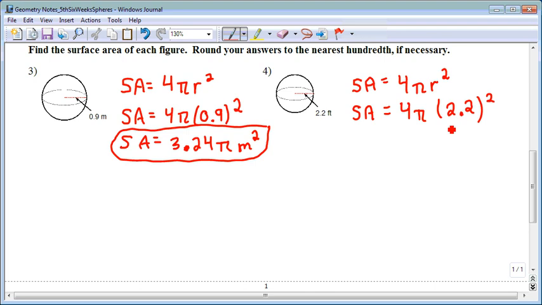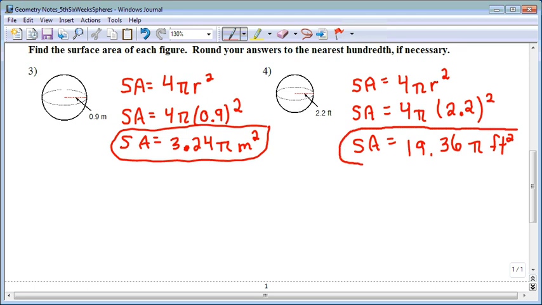So you have to square that. And I ultimately receive 19.36 pi feet squared for the total surface area of this sphere.